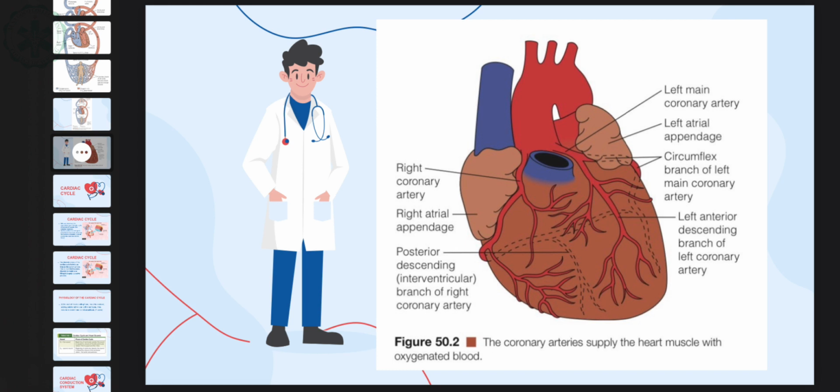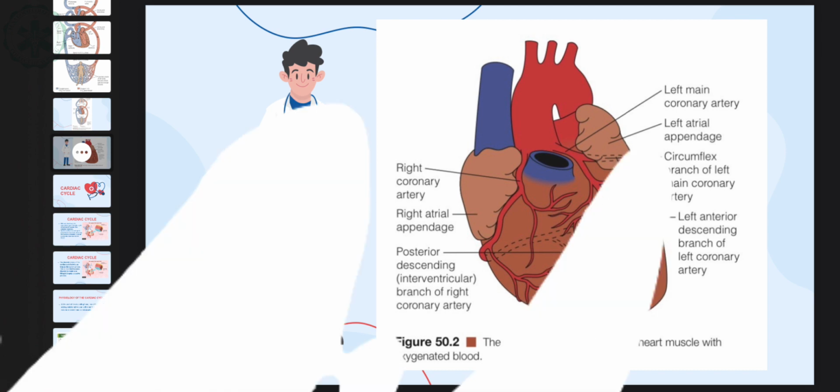Then we have the left side of the aorta, and we have the left main coronary artery, the circumflex branch of the left main coronary artery, then the left anterior descending branch of the left coronary artery, and we have the right and left atrial appendage. And I have said earlier that coronary arteries run along the coronary sulcus of the myocardium of the heart, and the main function is to supply blood to the heart.